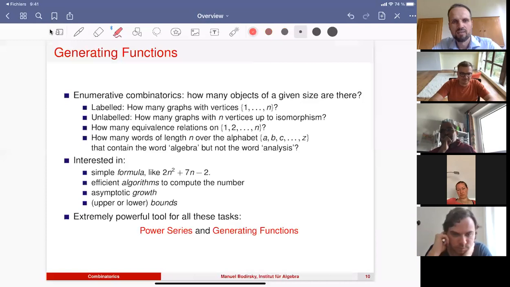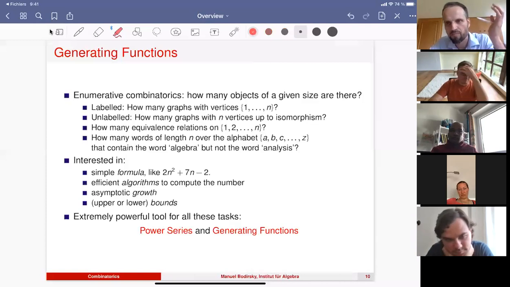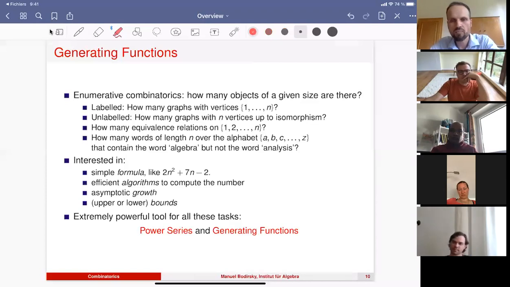And first of all, what are we interested in? We are interested in, as a result, maybe an elegant formula. Maybe the formula is not elegant, but still it can be computed efficiently. That's another nice thing, that we can look for algorithms to compute the number.